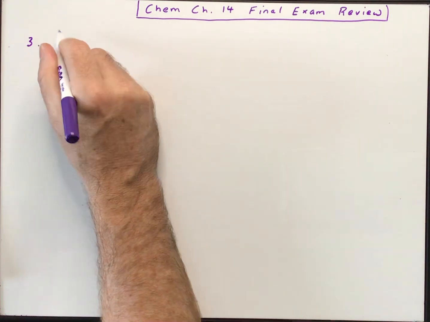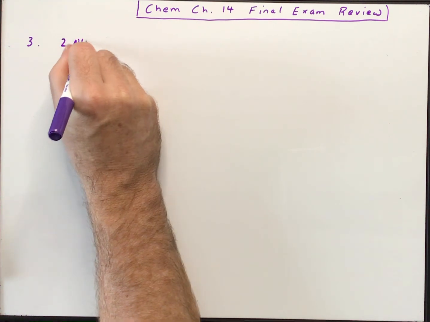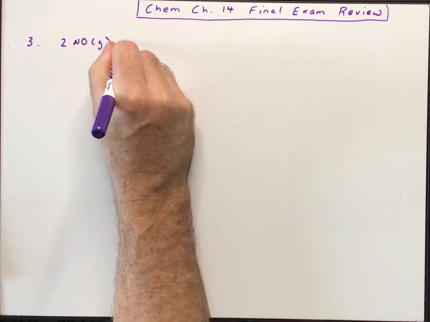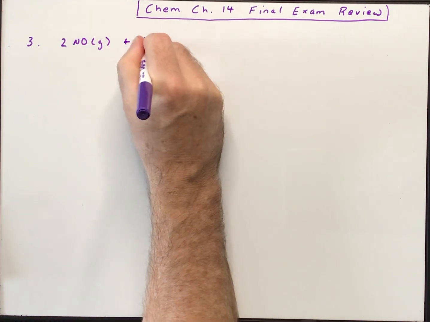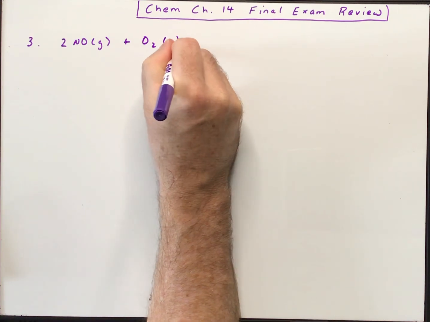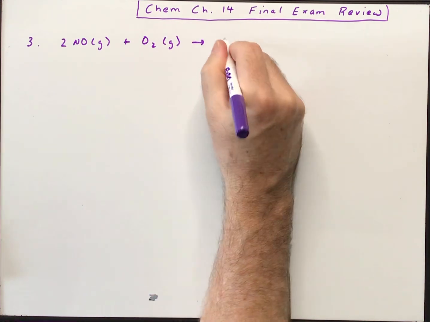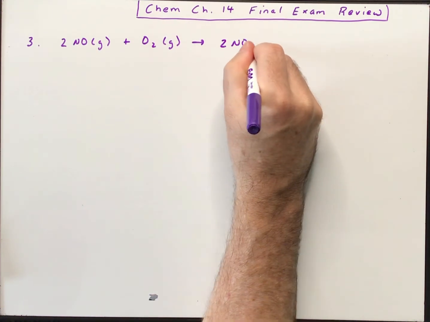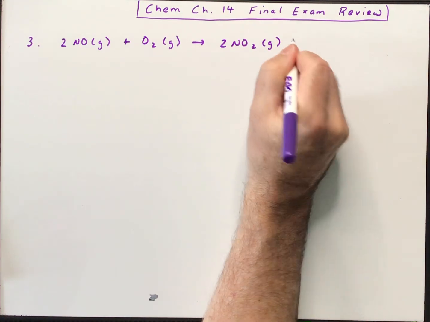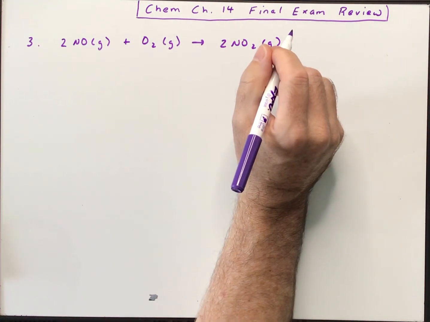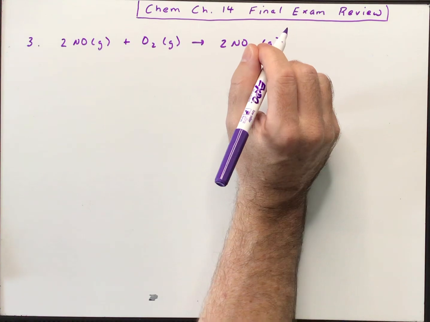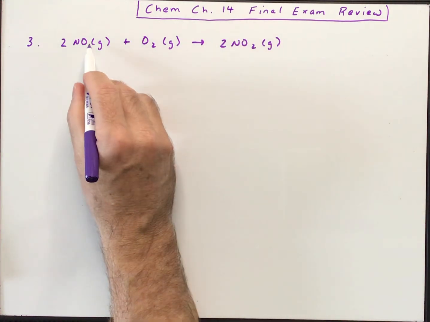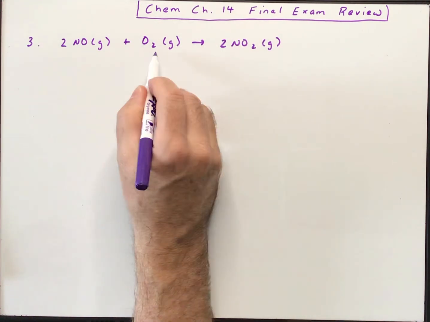First we have 2 NO gas plus O2 gas yields 2 NO2 gas.